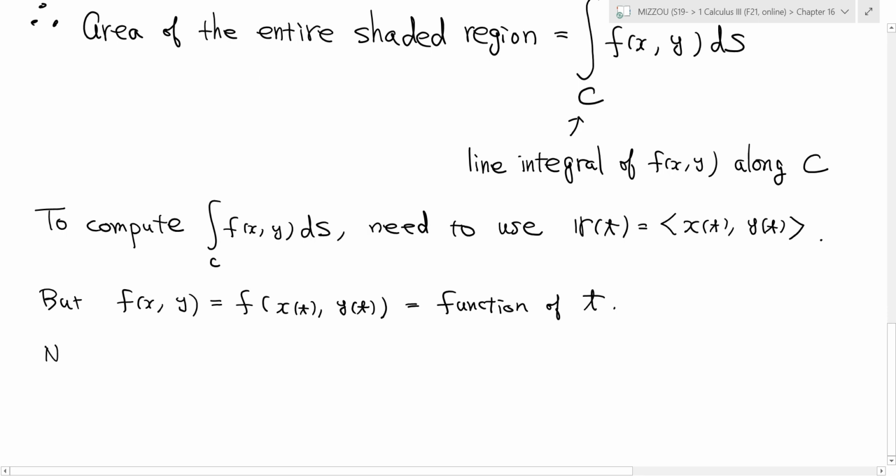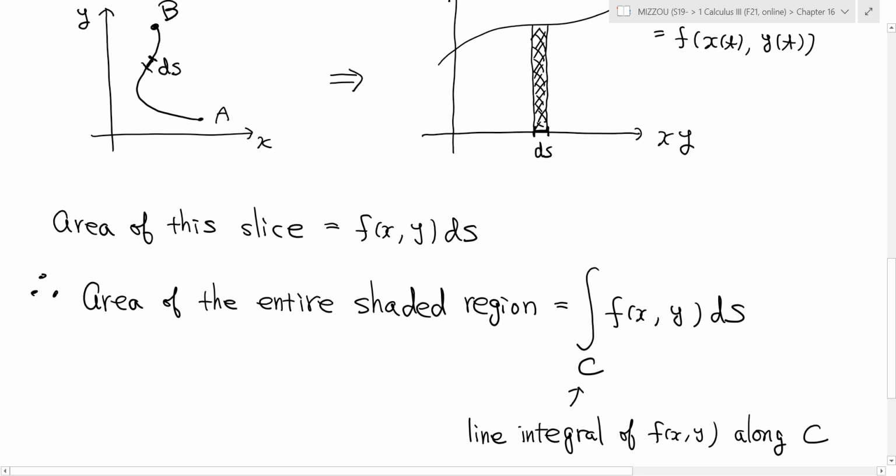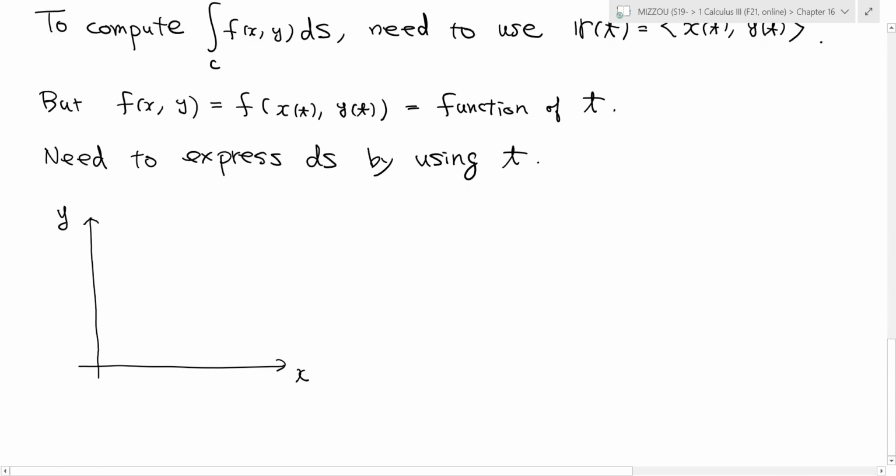We need to express ds by using our parameter t. Like how? Like this. So here, if you look at this portion by using a microscope, let me just copy the picture. So t equals a here, and t equals b here.